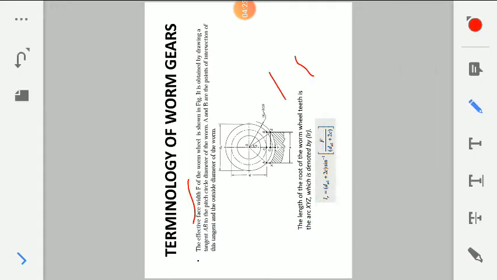So here the tangent AB is drawn in the figure, and that is the effective face width F. With the help of that we can find out the length of the root of the worm wheel teeth, that is DA1, meaning addendum circle diameter plus twice the clearance, into sine inverse of effective face width upon (addendum circle diameter plus twice the clearance).